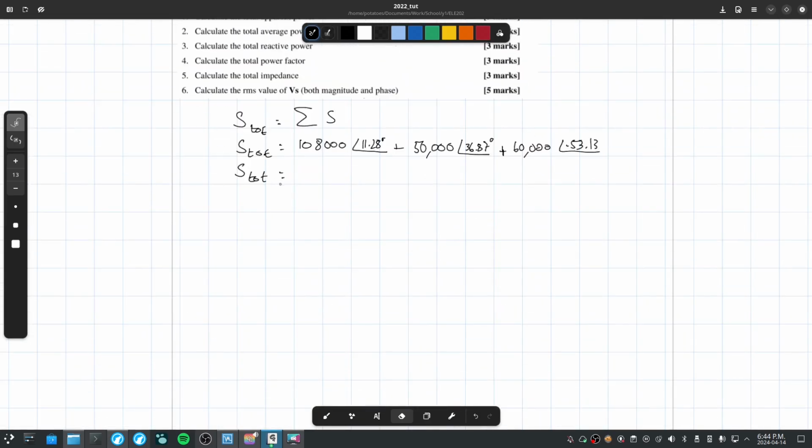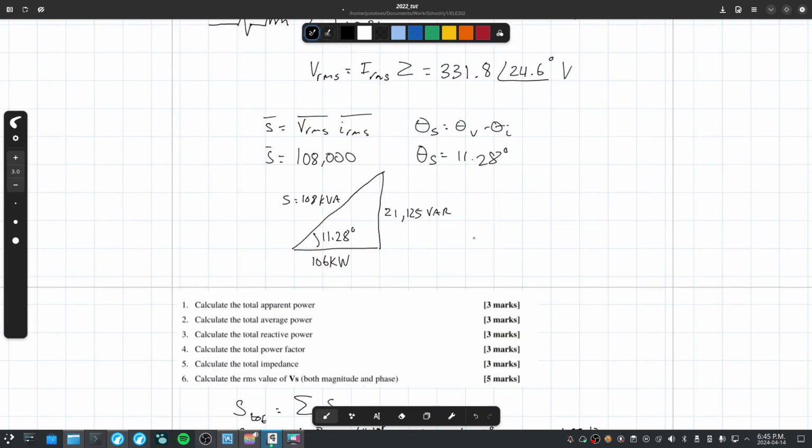Okay, so you get 182,000 with a phasor angle of actually around 1 degree. It's pretty low. Let's do the whole thing: 181,944 with a phasor angle of 0.98 degrees.